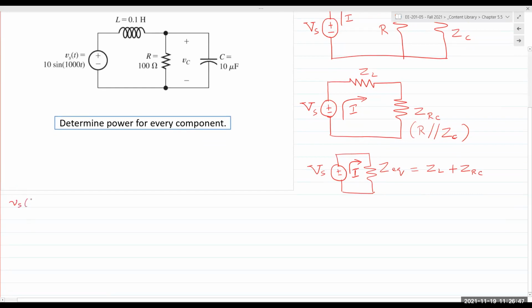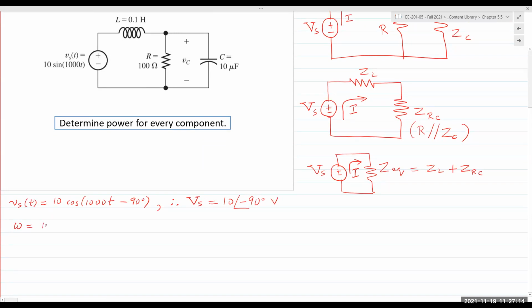Let's write the phasor for the voltage. Just 10, this becomes cos of 1000 t minus 90 degrees. And therefore Vs, the phasor for Vs has a magnitude of 10 and a phase angle of minus 90 degrees.